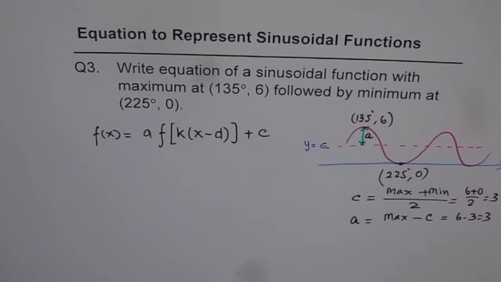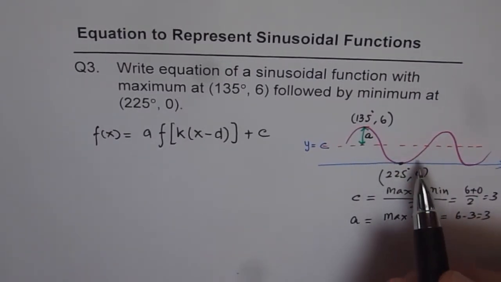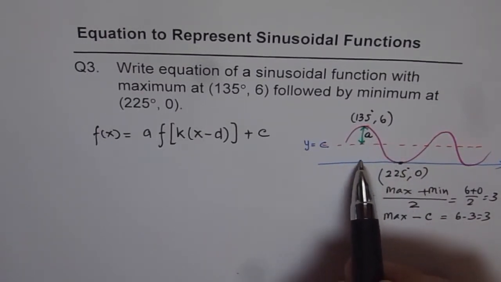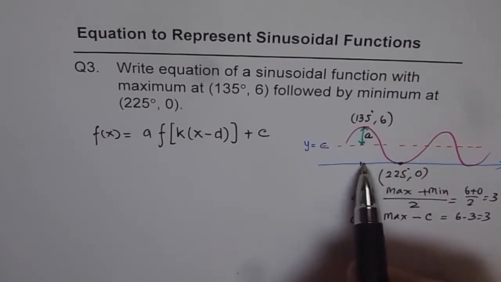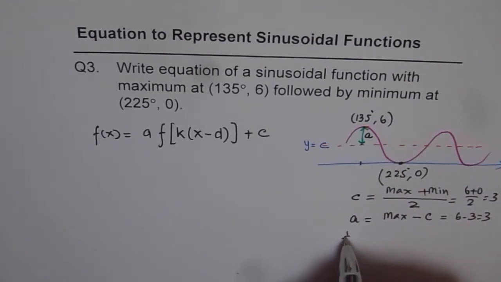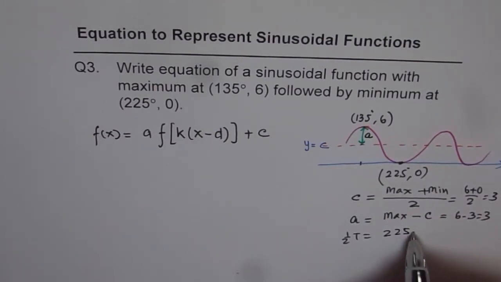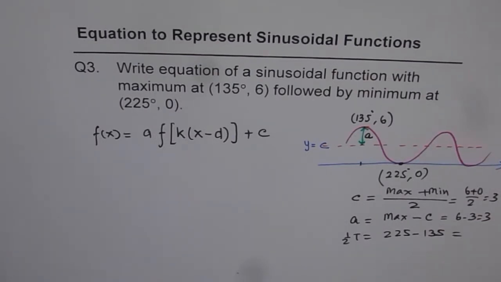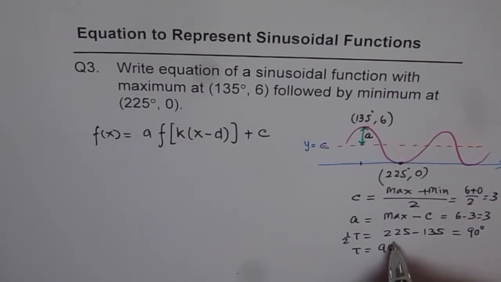Now the question that remains is how to find the time period. Since we are given the difference between maximum and minimum, that is half the time period. So half of the time period is 225 minus 135, which gives us 90 degrees. So the time period T is 90 degrees times 2, and that is 180 degrees.